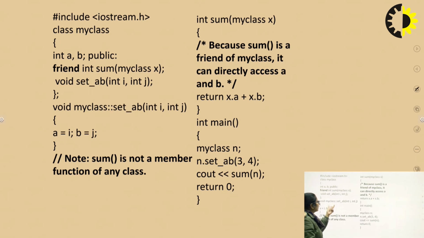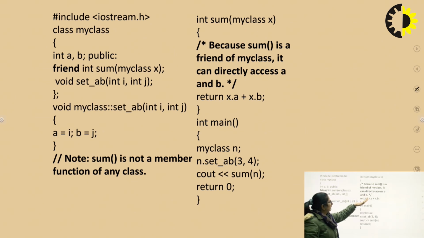We write it to specify that a member function belongs to this class and we are defining it outside the class. But here it's a friend function just like a normal function. So we are just writing the return type, function name and the class object, right?